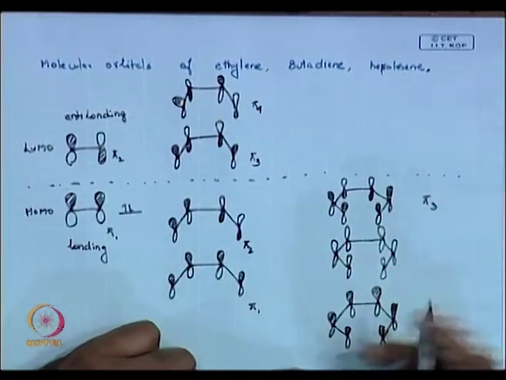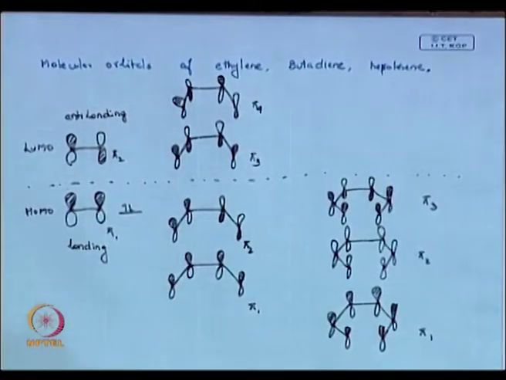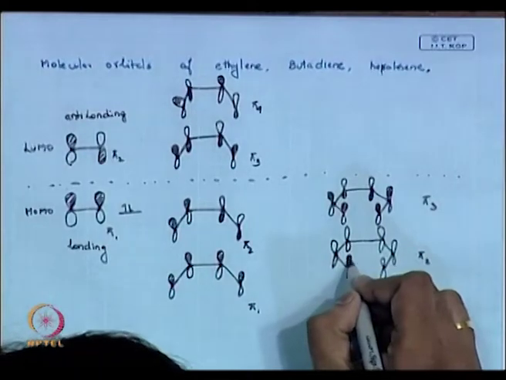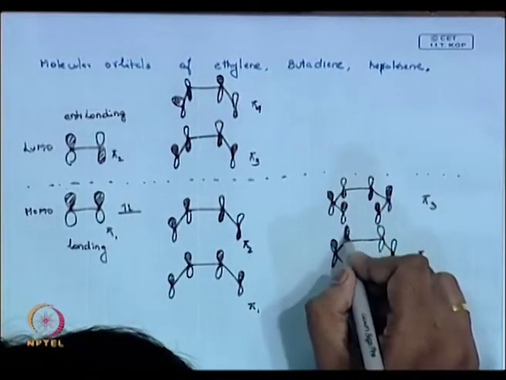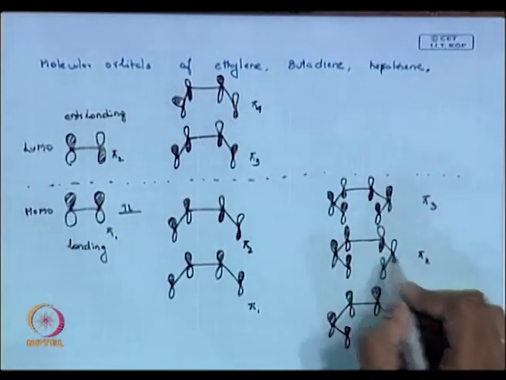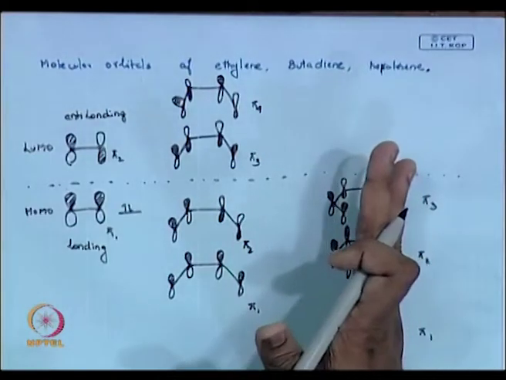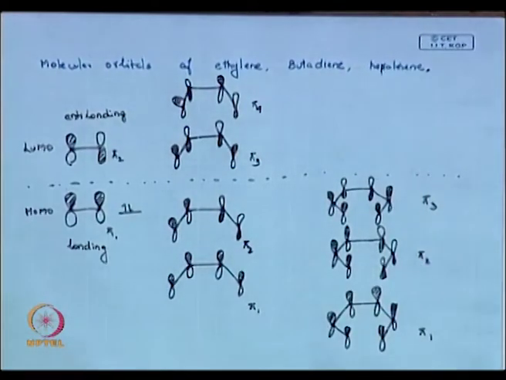The pi 2 system mostly has this type of nodes of symmetry, which you have studied. So, this will be like three phases up and three phases down of your pi 2, if you keep it like this. That is how you build your pi 2. So, pi 1, pi 2, pi 3.